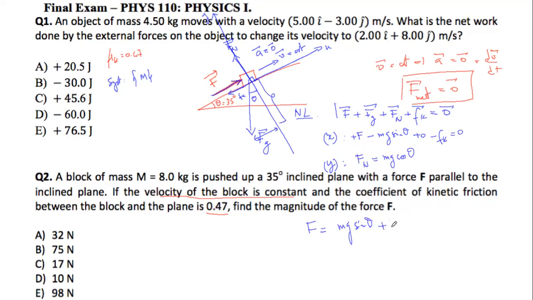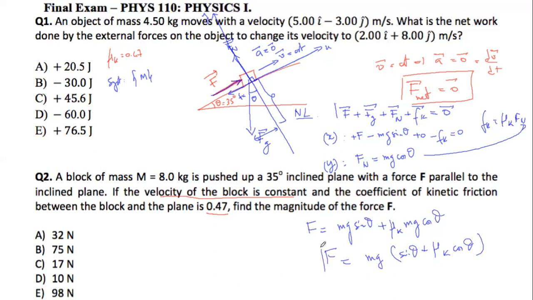But remember, Fk is mu k n, and Fn is just mg cosine theta. Bottom line, the force that I'm looking for is mg sine theta plus mu k cosine theta.